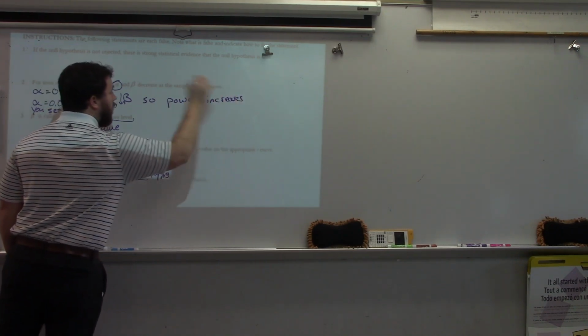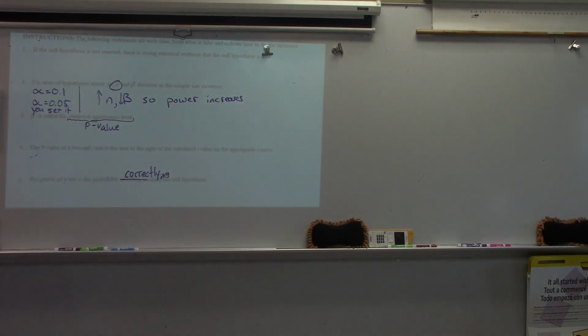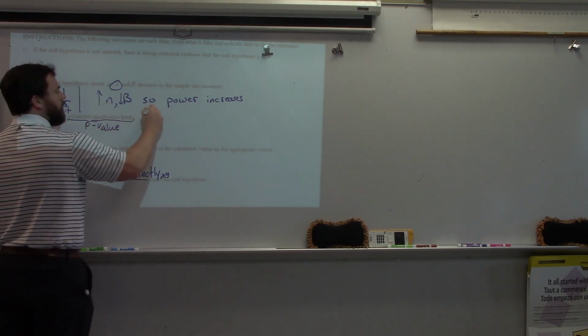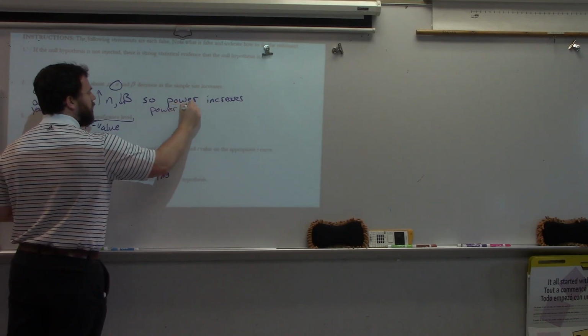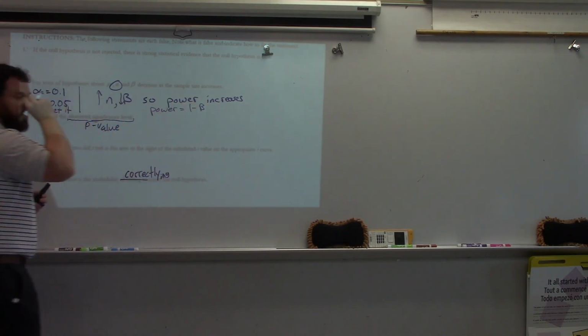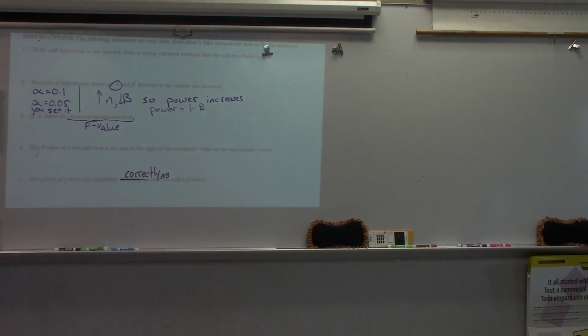There are other ways to affect power, but one of the simplest ones is to increase the sample size. If you increase your sample size, the beta goes down, and remember, power is 1 minus beta. So sample size goes up, power goes up, so beta goes down.